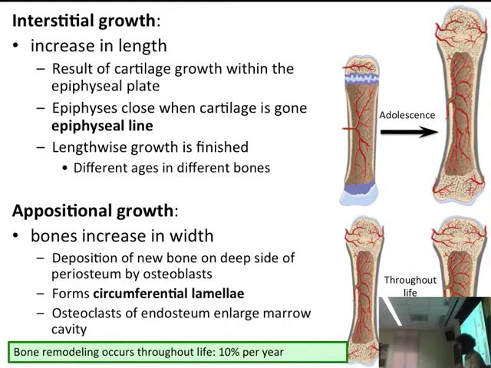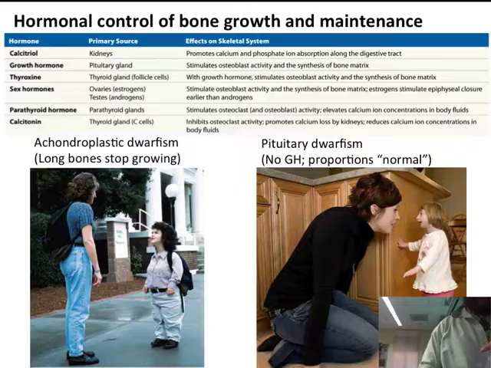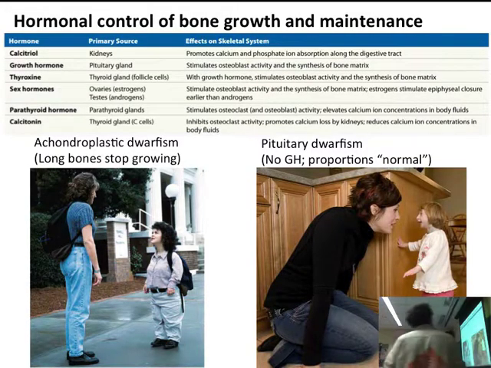Okay, as you add weight onto those bones, it's just part of the natural process of development. So that happens by adding what are called circumferential lamellae, the layers along the outside of the bone. They go around the circumference. All right, hormonal control.